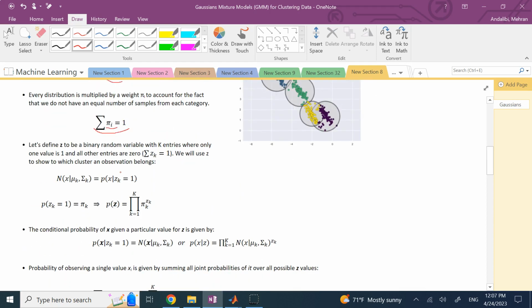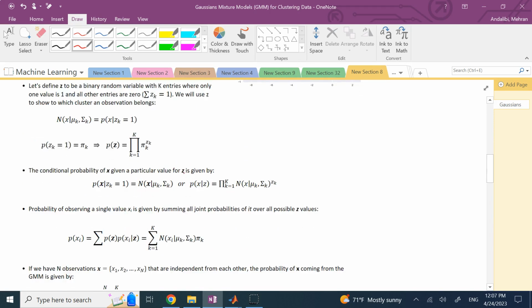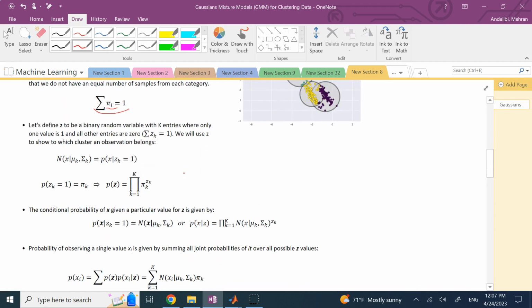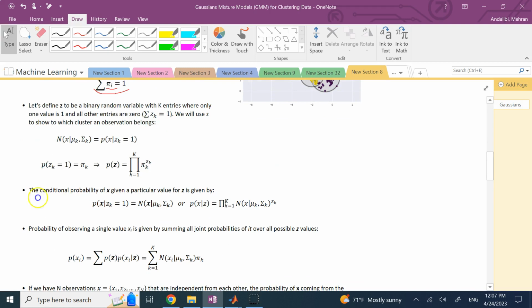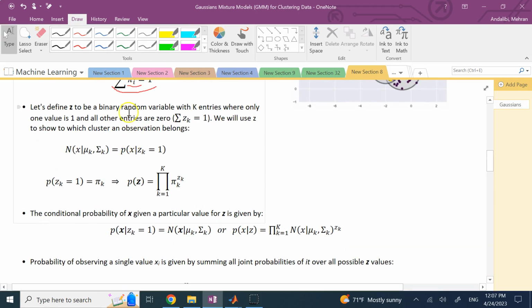Now, to formulate this GMM, here we're going to use expectation maximization, maximum likelihood, basically. But here I need to introduce a binary random variable z that has k entries, and only one out of these k entries is 1. All of the others are 0. Remember, we had a topic in one of my previous videos called one hot encoding, so this is kind of like that, right?